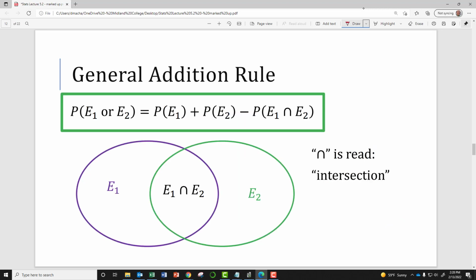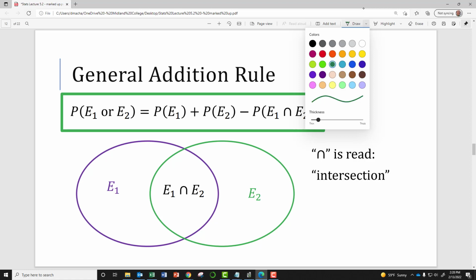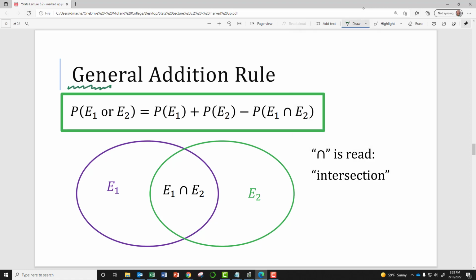And this right here is what we call the general addition rule. The first addition rule, the one that was easy to remember, only applied to disjoint events, but the general addition rule applies to any events in general.